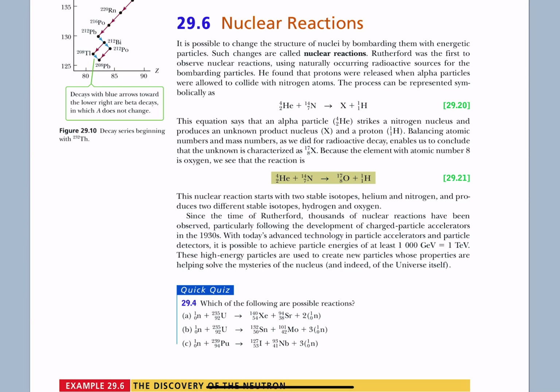So if we look at letter A in the quick quiz, 1 plus 235 means you have a total of 236 nucleons on the left side of the arrow. And then on the right, if you add up 140 plus 94 plus 1 for neutron, but do it twice, the coefficient of 2, you don't get 236.